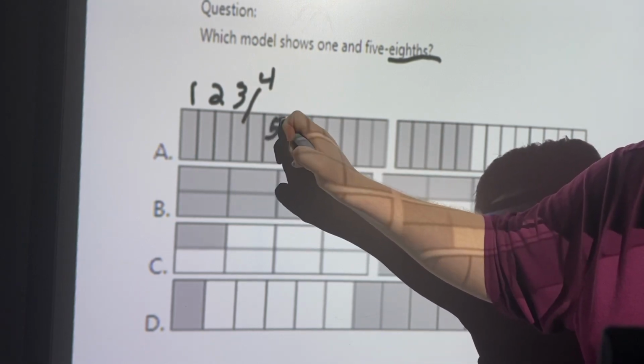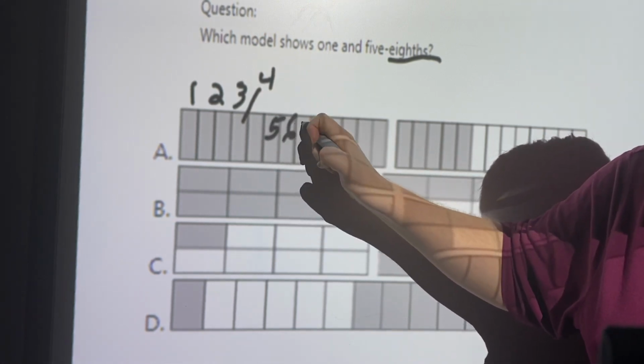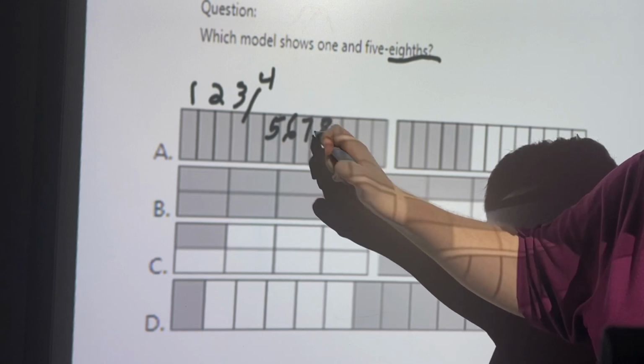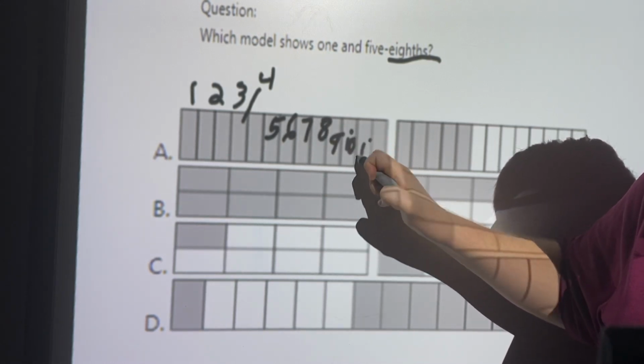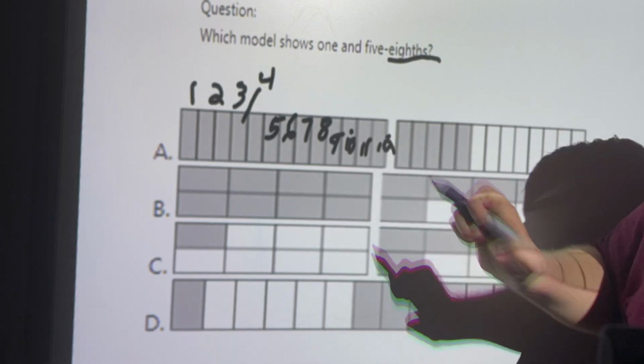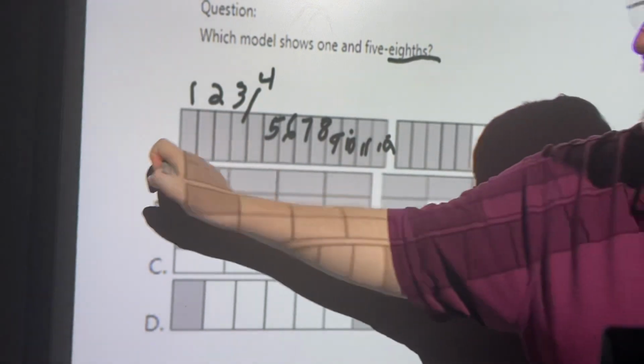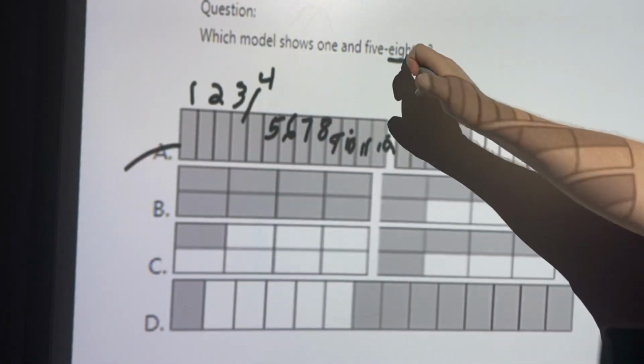I'm gonna write on the inside so I don't get too big. 6, 7, 8, 9, 10, 11, 12. Is that 8 parts? No, that's 12s. So can A be correct? No. A is out, because they have 12 parts. We want 8.